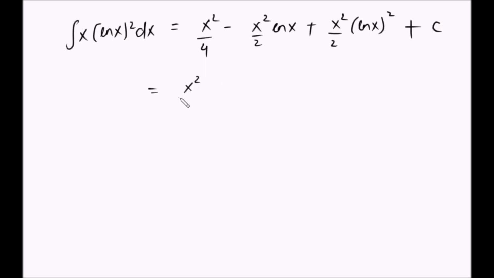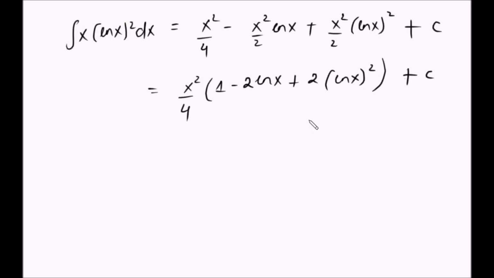So jamaa alitoa nje x squared over 4 na sisi tutoa nje. Sasa tabaki na 1 minus, sasa tabaki na 2. You can see kwamba nikichukua x squared over 4 times 2 nitapata hii x squared over 2. So sawa ln x plus hii tunaona x squared over 2 tena. Kwa hii ni 2, so hapa this time tuna the square of ln x plus c.